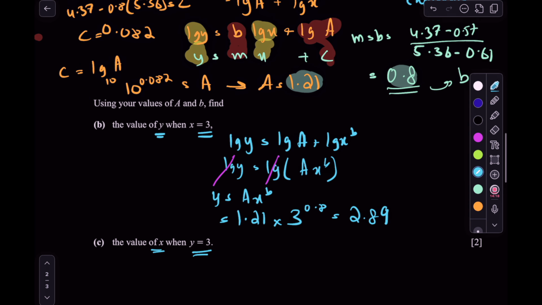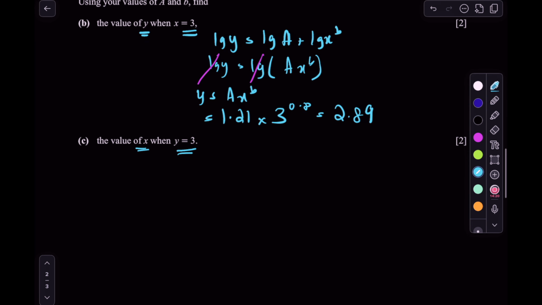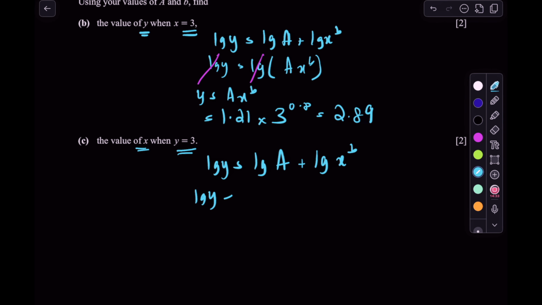So let's again rewrite the equation, which is lg y equals lg a plus lg x to the power of b. Okay, so lg y minus lg a equals b lg x.